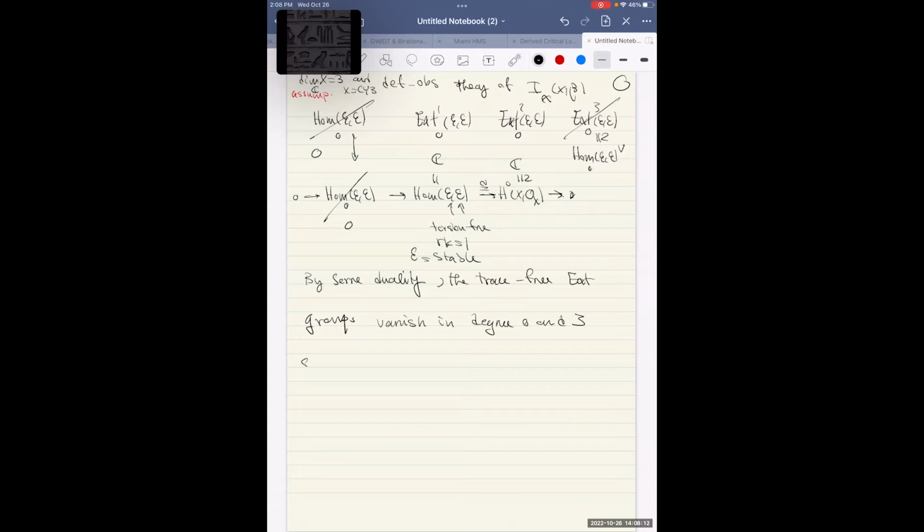So this approach gives a perfect 2-term deformation obstruction theory.